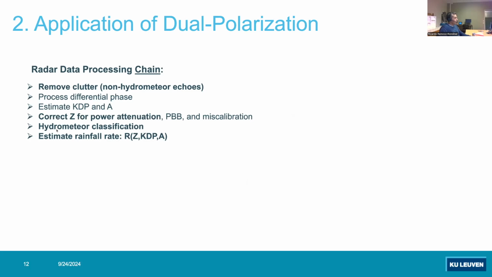We also want the classification of hydrometeors, so we can use polarimetric variables for that. And at the end, what we are most interested in is to estimate QPE or rainfall estimation, and we can use all these corrected polarimetric variables to estimate rainfall rate.